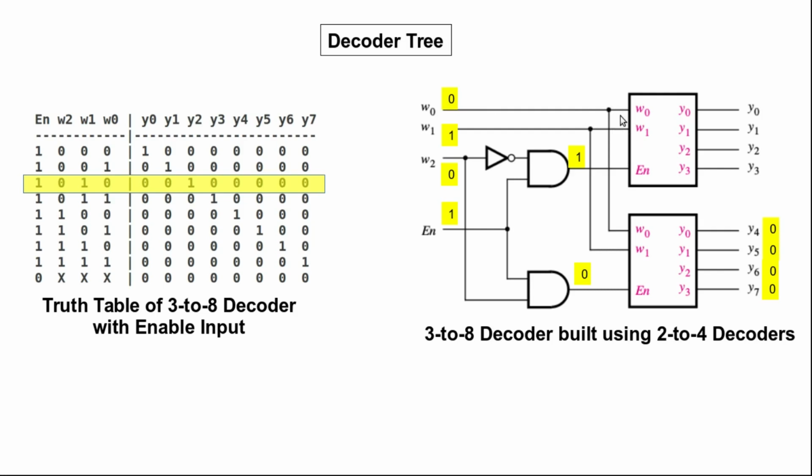So the input is 1 0 and 1 0 decimal equivalent is 2 and hence Y2 will be equal to 1. Y2 of this 2 to 4 decoder will be 1 and that makes the 8 outputs equal to 0 0 1 0 0 0 0 0, and that's matching the output we have in the truth table, 0 0 1 0 0 0 0 0.